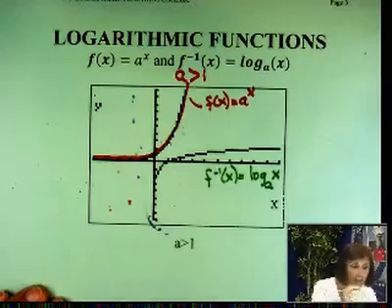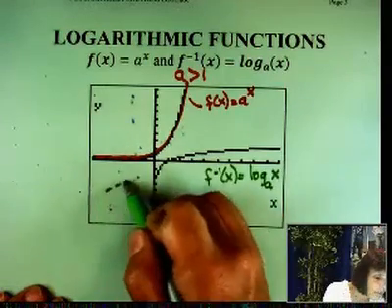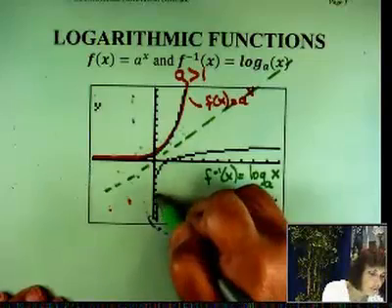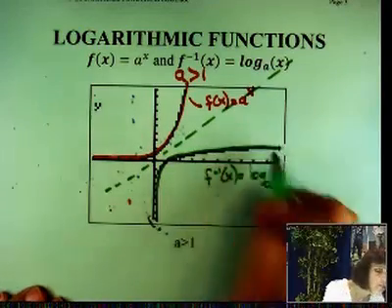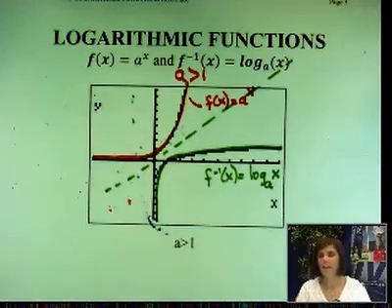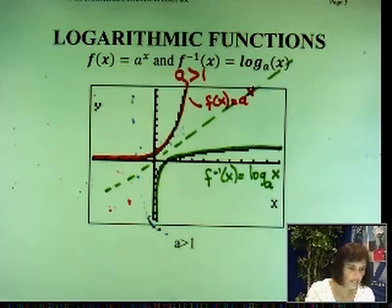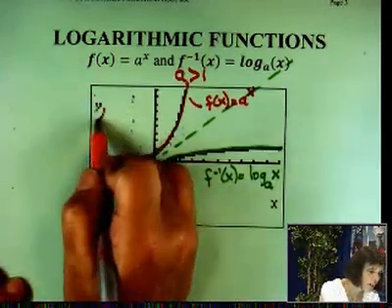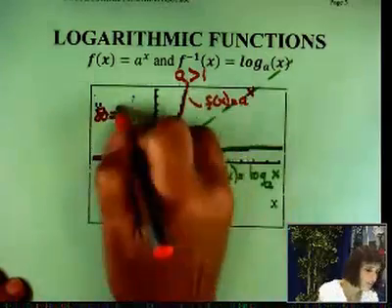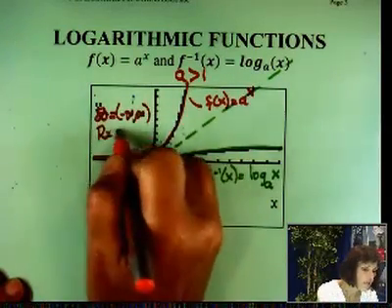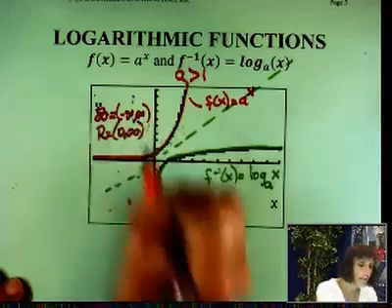Does it make sense? And remember what we had said about inverse functions before. It's going to be mirror imaged with respect to y equals x. Now remember what it was. Now what are the domain and range of exponential functions? Domain is -infinity to infinity. Range is 0 to infinity, right?